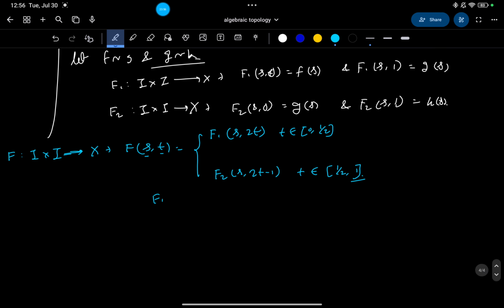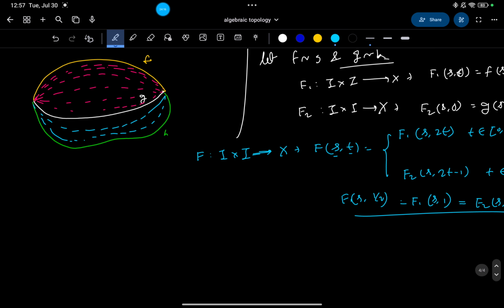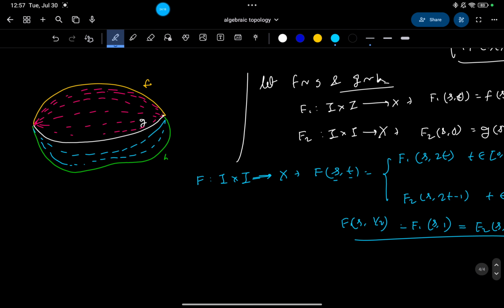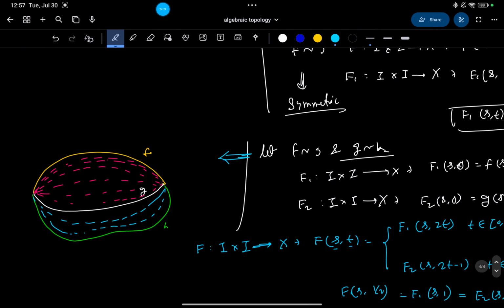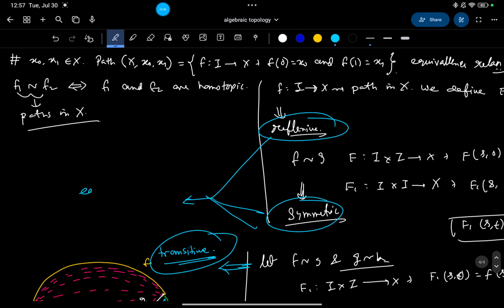What about F of s comma half? Only there is the intersection region, so it's nothing but F1 of s comma 1, which is the same as F2 of s comma 0, the same as g of s. Okay, right. So this reflects that it is transitive. So it is symmetric, transitive, as well as reflexive. All three conditions imply that it is an equivalence relation.